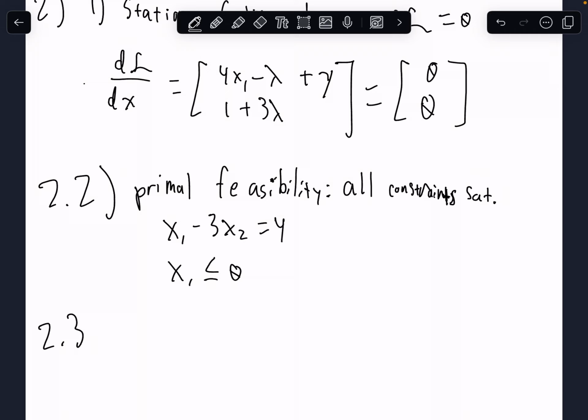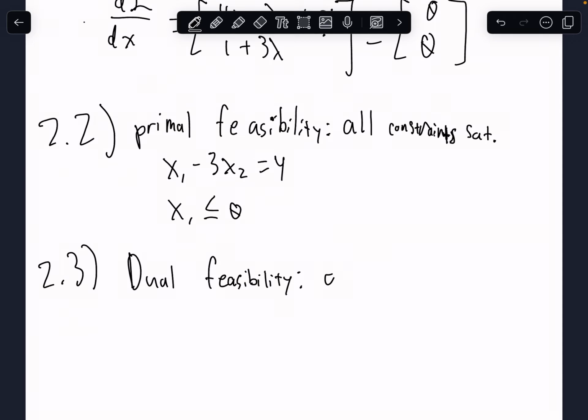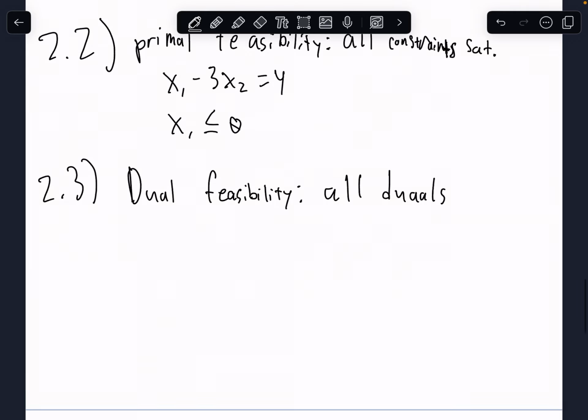For 2.3, we have the dual feasibility. So all dual variables are non-negative.